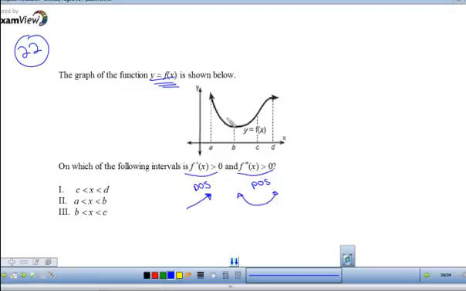So it's increasing only between B and A, and it's concave up right here. See how it's going to be concave down? So it's only between B and C. Okay, so see, it's increasing, so it's going up, and it's concave up in these points.